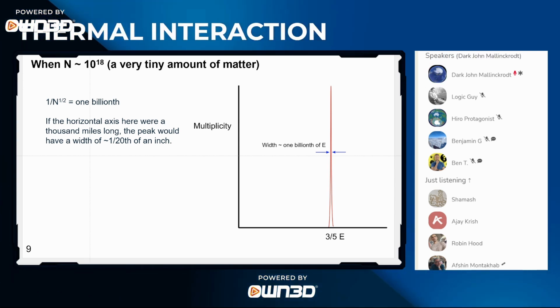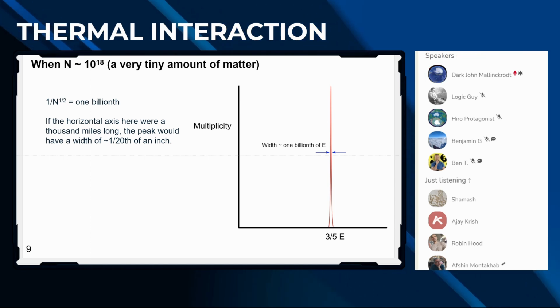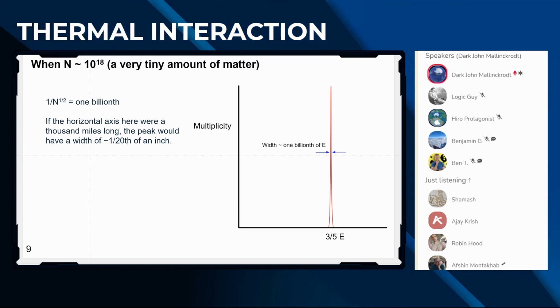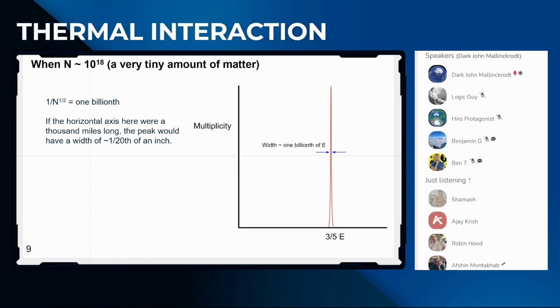I'd have to draw this graph with a horizontal axis 1,000 miles long, and this peak would have a width of a 20th of an inch, and then it would come down to, for all intents and purposes, zero, certainly beyond an inch on either side. It would be zero. The probability of ever getting any energy distribution other than the one at the peak is so small that you would have to wait a Google times the age of the universe to ever have a chance of it appearing to be distributed like that.